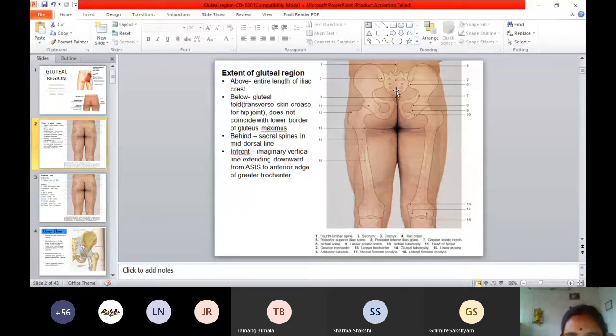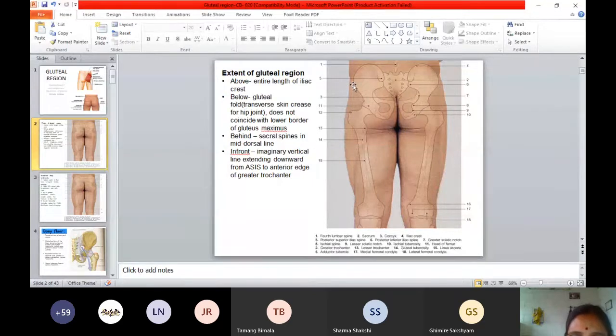So posteriorly it is bounded by the sacral spine in the mid dorsal line, superiorly by the iliac crest, inferiorly by the gluteal fold, and anteriorly by this bony projection of the ilium. This conical bony projection present anteriorly is known as the anterior superior iliac spine, here mentioned as ASIS.